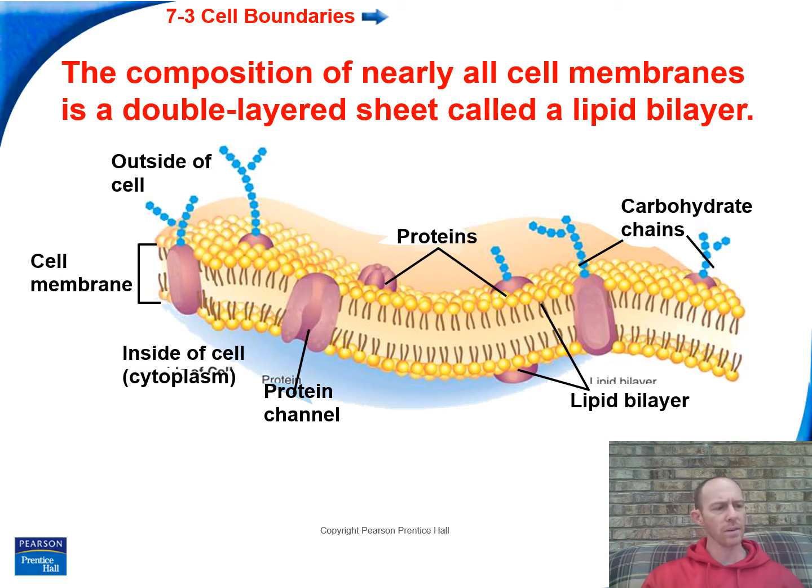So there are a few labeling parts on number 4 that I'd like you to get. A is a protein channel. We'll talk about why we need these later, but it basically is a doorway from one side of the membrane to the other, from out to in, or vice versa. So it lets bigger things through. B is a bunch of embedded proteins on the surface that sometimes go through the cell membrane.